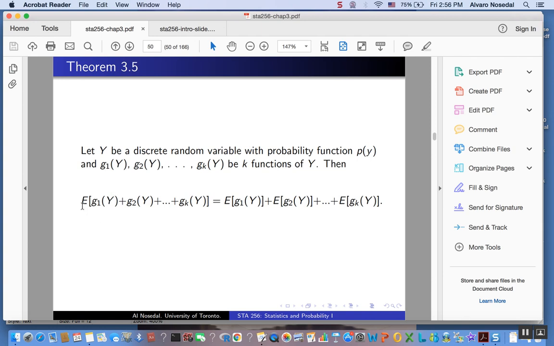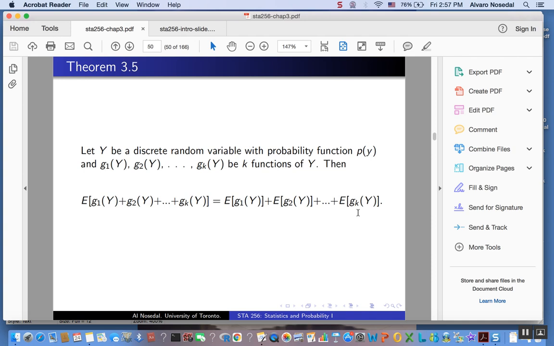Okay, and then you want to compute the expected value of a sum, right? Well, it turns out what this theorem is telling you is this: if you're interested in the expected value of a sum of transformations, that is the same as the sum of expected values. Make sense?